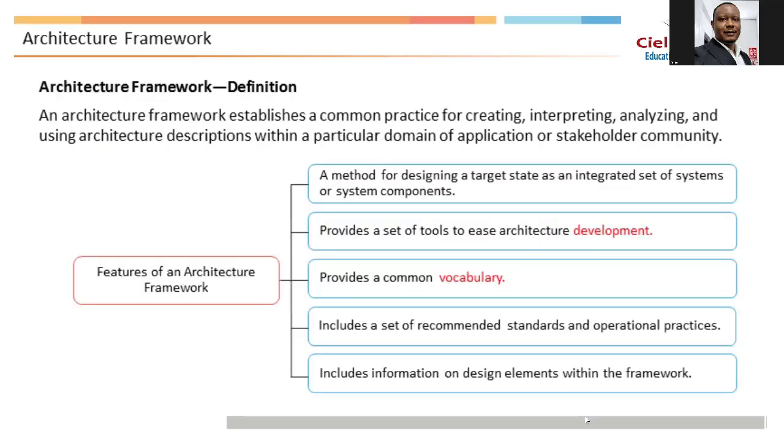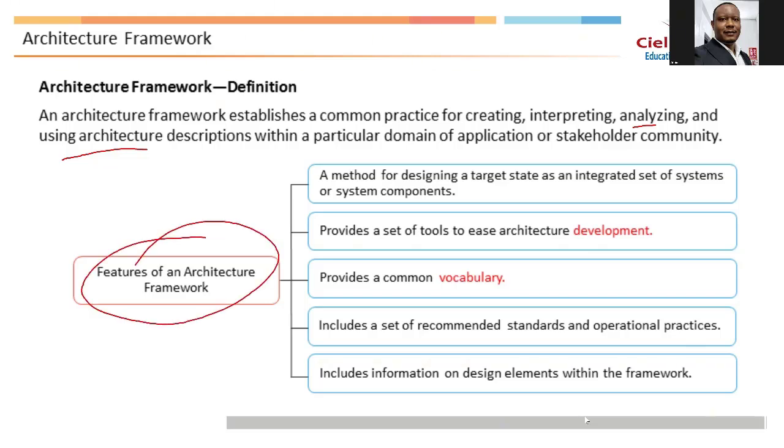An architectural framework establishes a common practice for creating, interpreting, analyzing, and using architecture descriptions within a particular domain of application or stakeholder community. So in essence, it helps us standardize how systems are built, ensuring they are aligned with the organizational goals and can also be scaled effectively. So these are some of the features of an architecture framework.